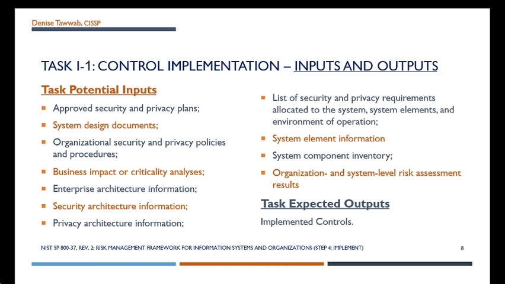You need system element information, system component inventory, and your risk assessment results, both for the organization and for the system. The expected output from this task is implemented controls.